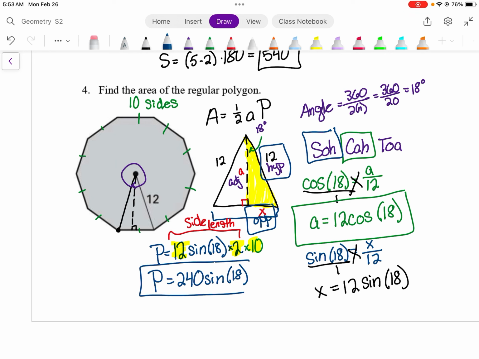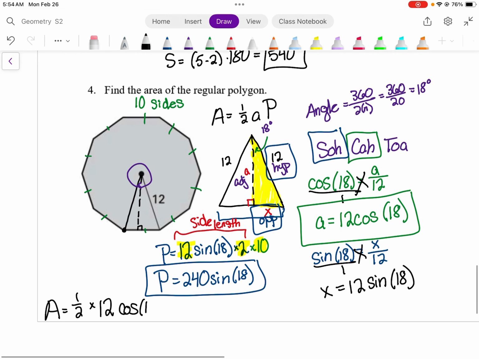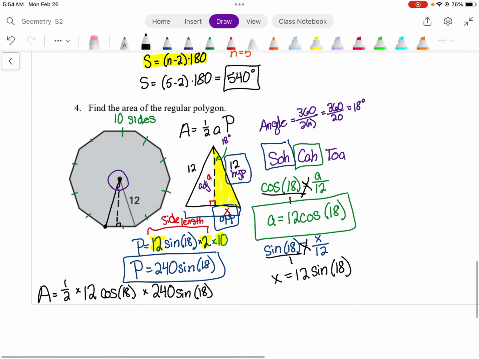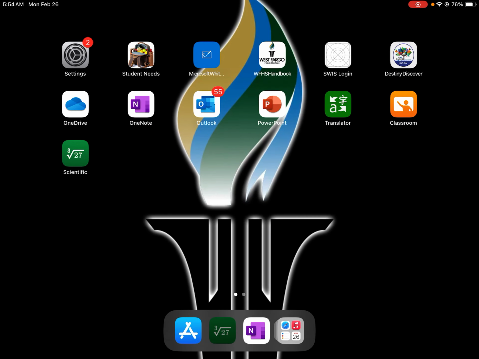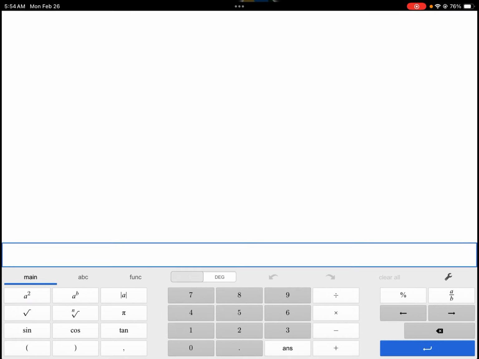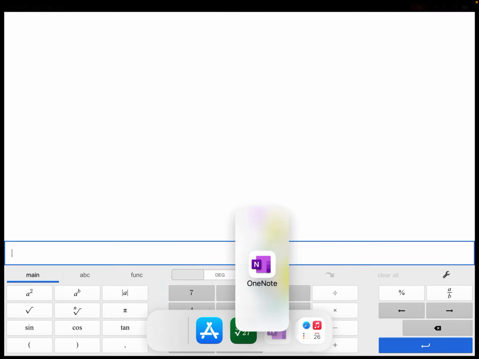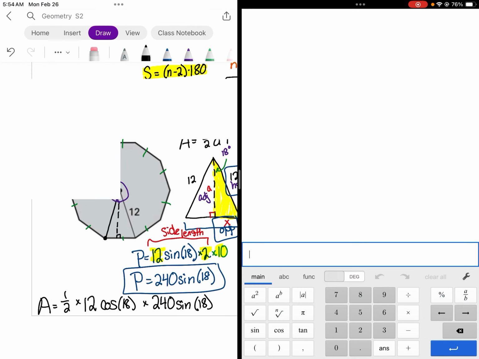Once we know the apothem and the perimeter, then we plug it into our area formula. So area equals 1/2 times the apothem, which was 12 cosine of 18, times the perimeter, which is 240 times the sine of 18. And then that is where our calculator comes in. So let's grab that so we can type this in.